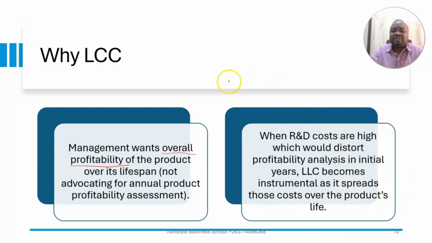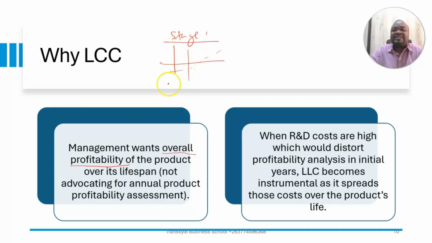Sometimes it doesn't make sense, let's say the product is still at stage 1. At stage 1, we know that in terms of the graph, profitability is still in the negative. So it makes no sense to assess the profitability of the product in stage 1, or simply pile up the cost in stage 1 alone. Why?